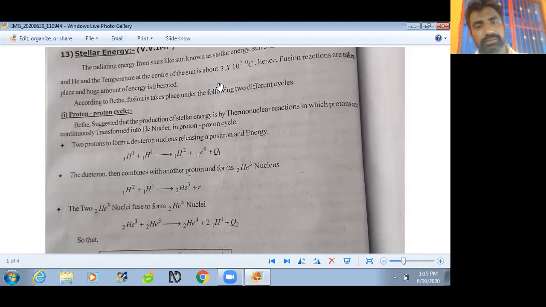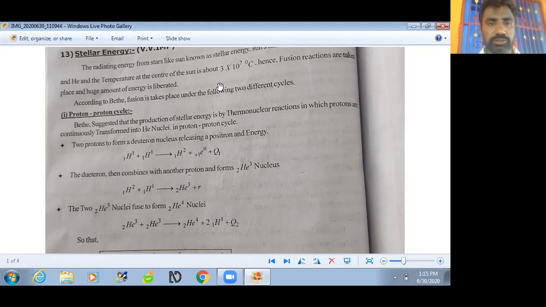Here you can see 1H1 plus 1H1 gives 1H2 plus a positron, 1e0, plus a high amount of energy Q1. So two protons are fused together to form one deuteron and a positron.